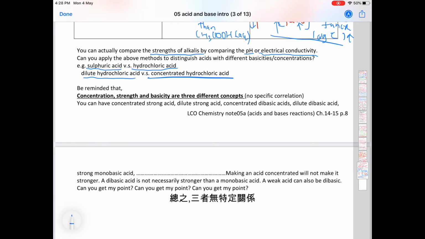I can give you some examples. Hydrochloric acid, no matter whether it is in a concentrated or diluted environment, is still a strong acid because of its nature.